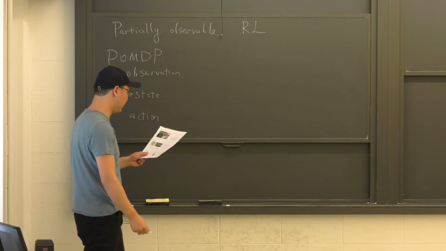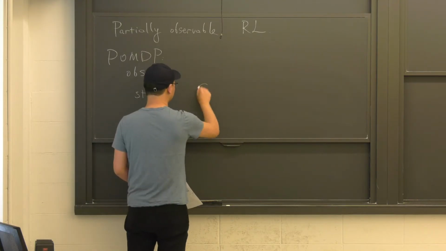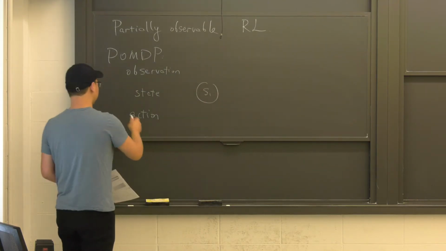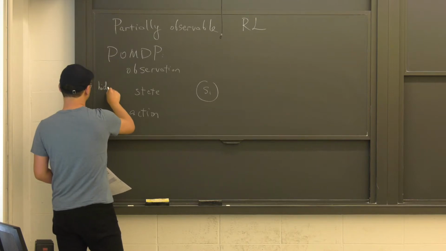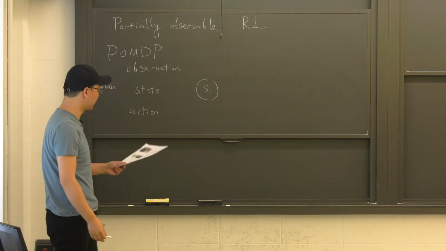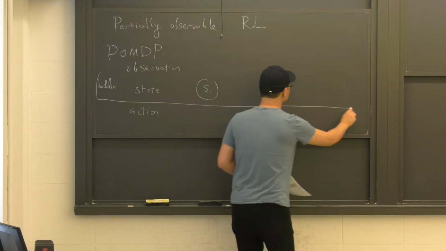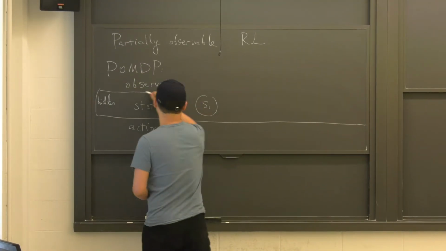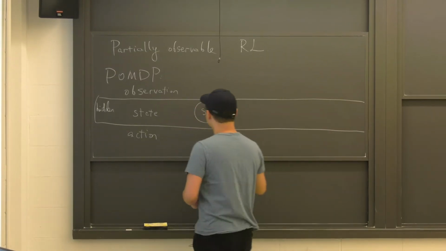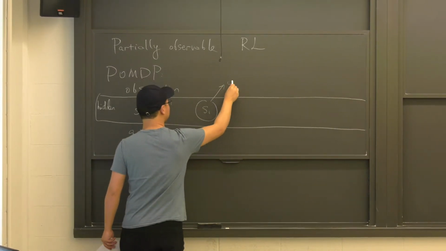Similar to MDP, we start from some initial states. The only different thing is now the states are hidden. So the learning agent no longer directly observes the states. So this part is all hidden. The state will generate an observation at the first step.